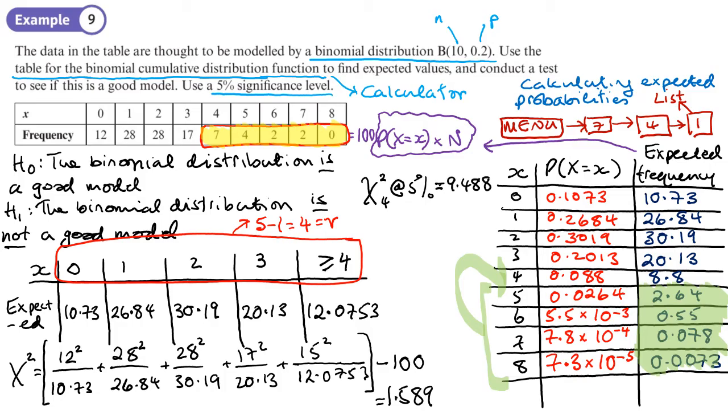9.488. Now, how does the spread of our data compare to our chi-squared value? Well, it's less than it, isn't it?